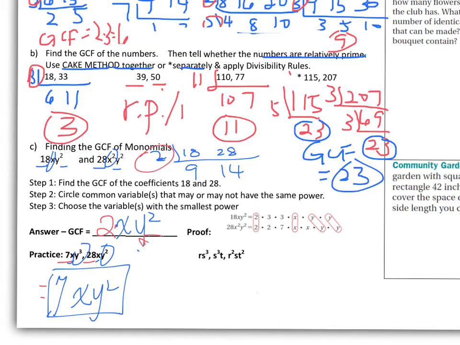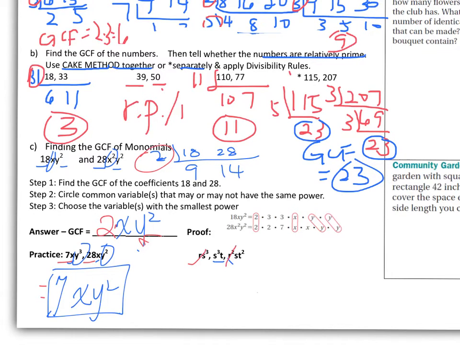This one can be a little tricky. We have r, but the middle monomial does not have an r. And we have an r squared. But because the middle monomial does not have an r, we can take r out. We're going to cross out r.